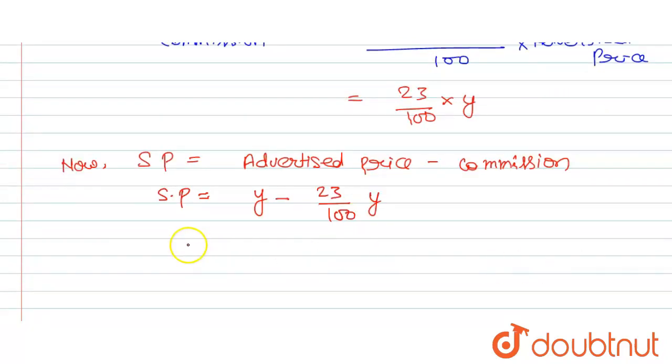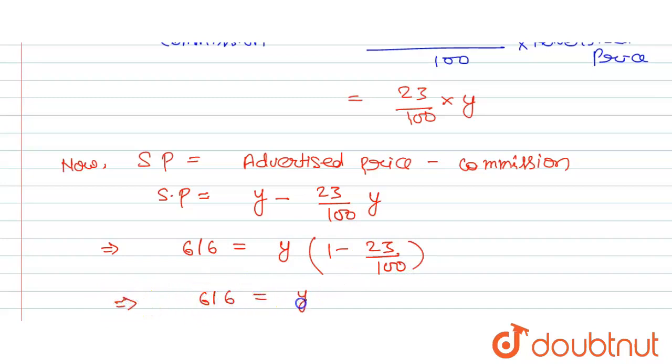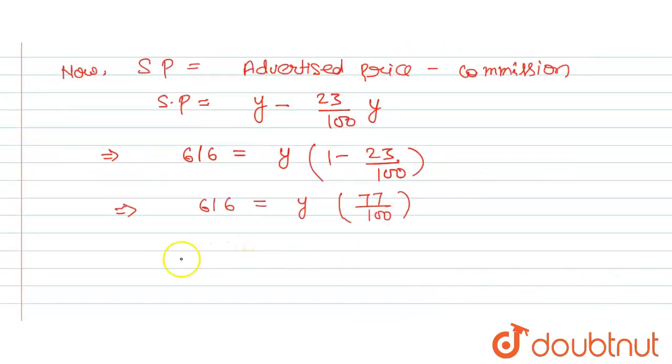So SP we have already calculated, 616, is equal to, we will take Y common, so 1 minus 23 upon 100, taking an LCM. This implies 616 is equal to Y into 100 minus 23, so this is equal to 77 upon 100 into Y. So Y will be equal to 616 into 100 upon 77.